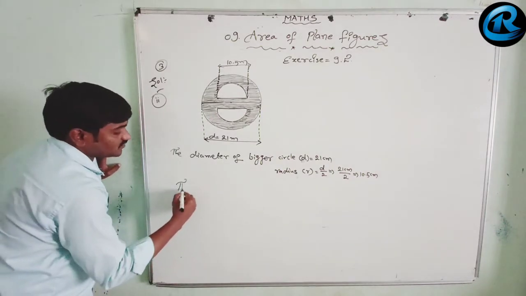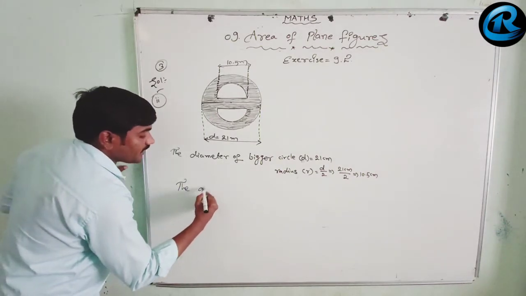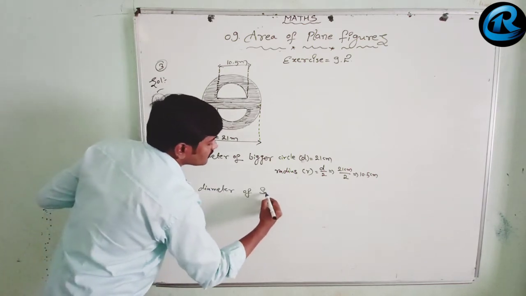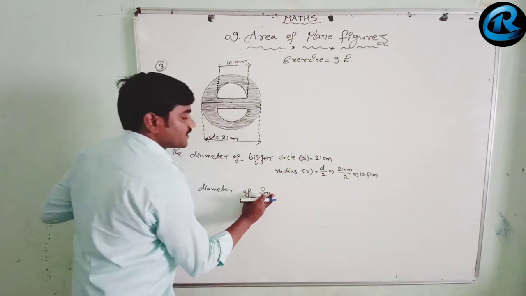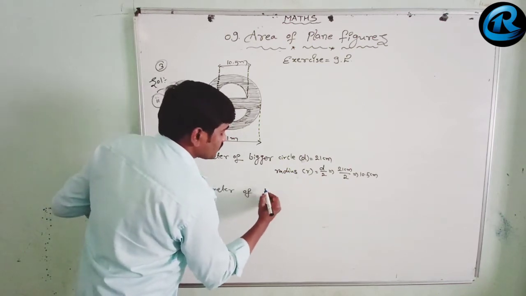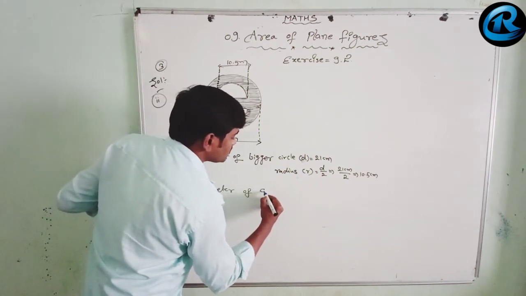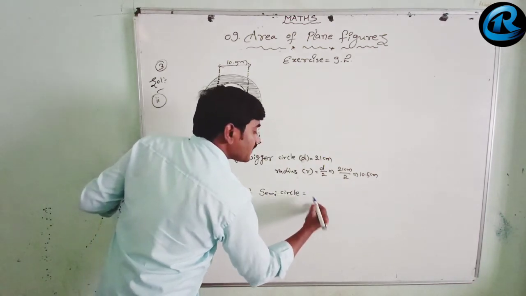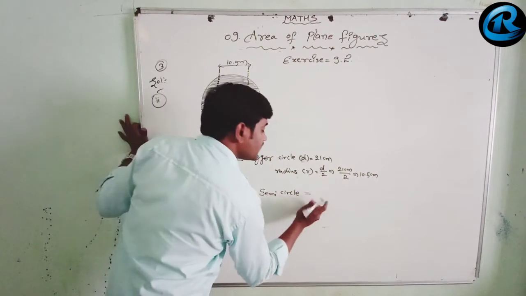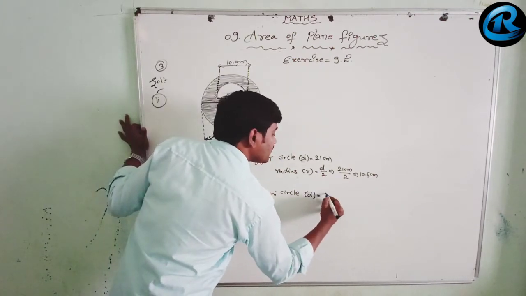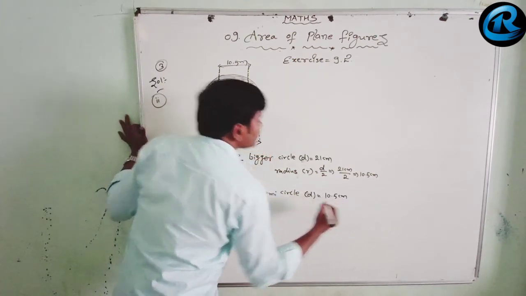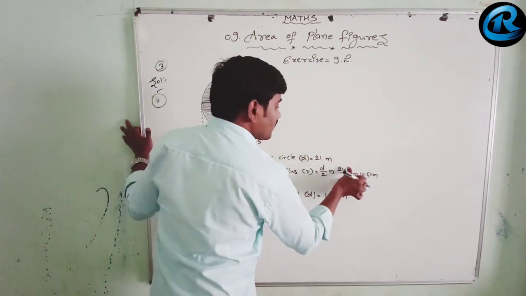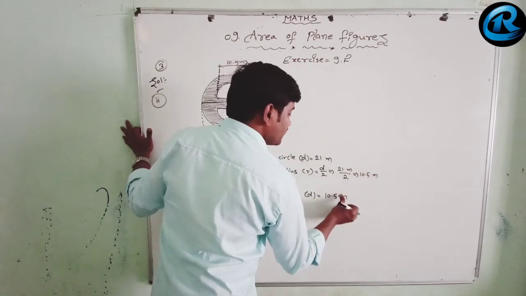Then the diameter of smaller semicircle. Sorry, the diameter of semicircle D equal to here, that is 10.5 centimeters. Sorry, meters. Then all these they have given in the meters, so let us write only meters.